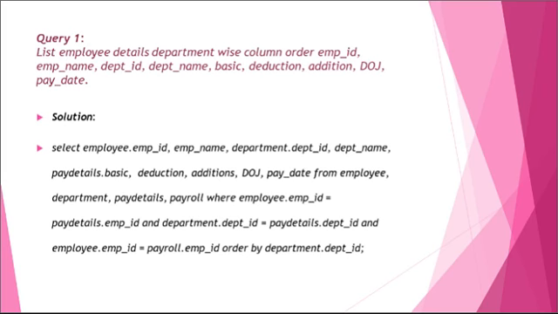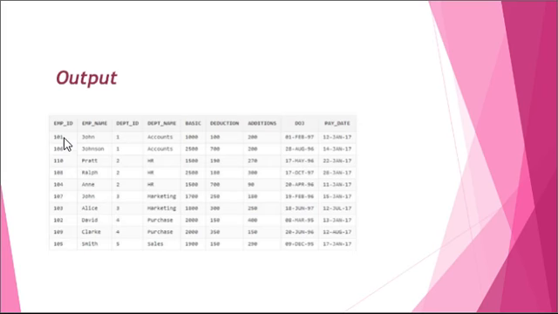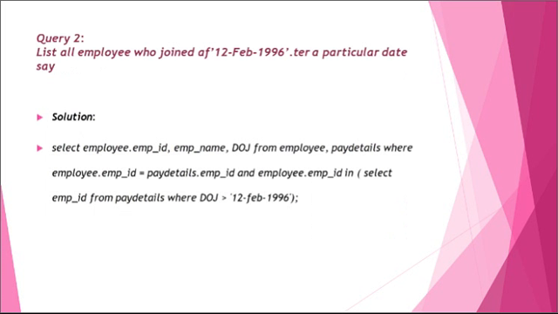Now we have the output for this: employee ID, employee name, department ID. You are getting my point. I have set order by, so the order is first department 1, then department 2, then department 3, then department 4 and so on. Fine. I hope you are getting my point.